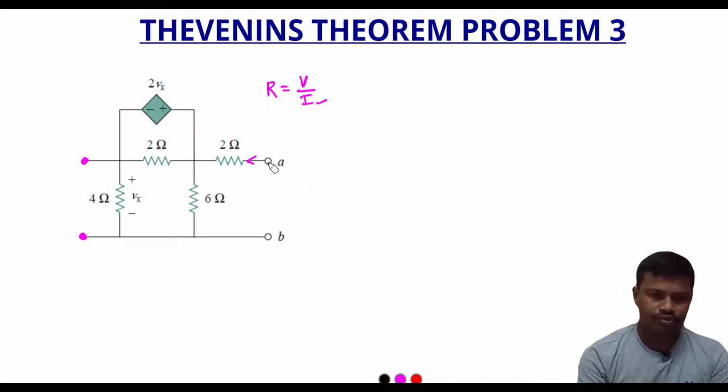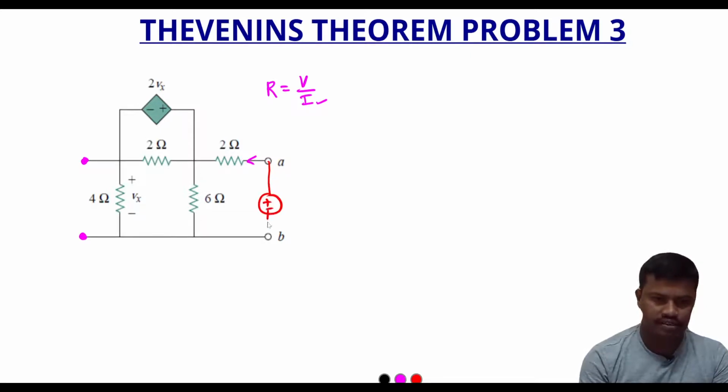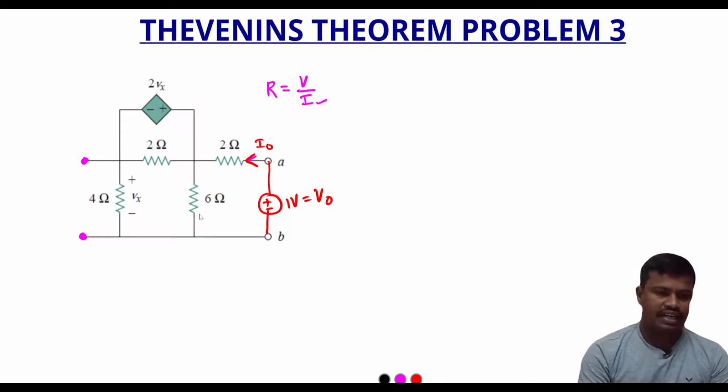Now in this circuit we will apply a known value of voltage source, that is 1 volt, which is equal to V0. Now we need to find out the value of current I0. To find out the value of current I0, we will apply mesh analysis again.